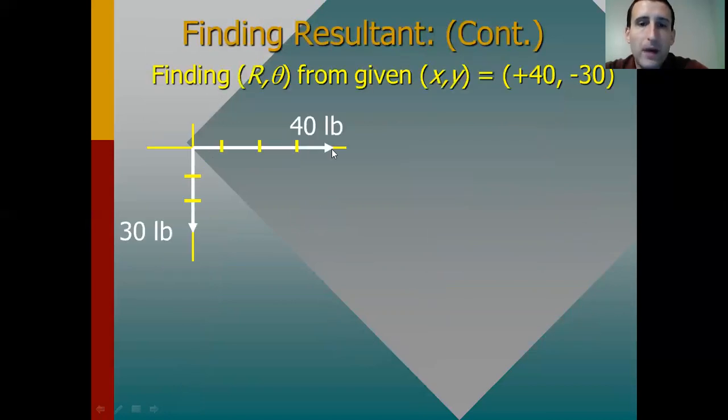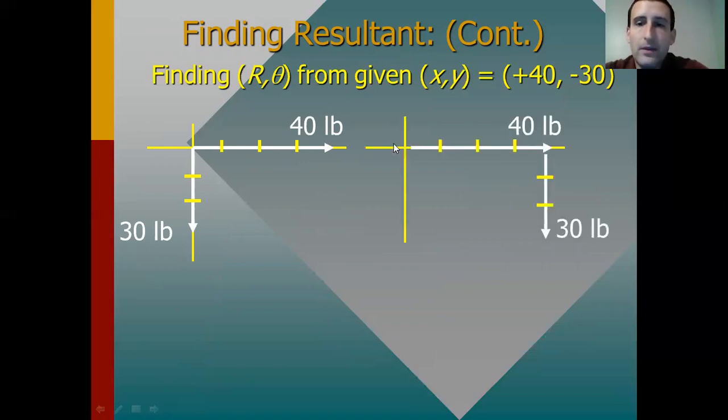So we've got a positive x of 40 pounds and we've got a negative y of 30 pounds, right? Down is negative y, left is negative x. And then we arrange them tip to tail, right? If you draw it like this, you will be tempted to complete this triangle, right? All of this is about triangles.